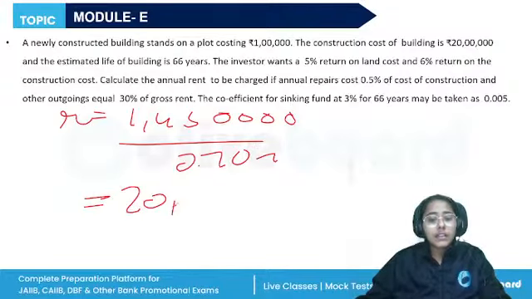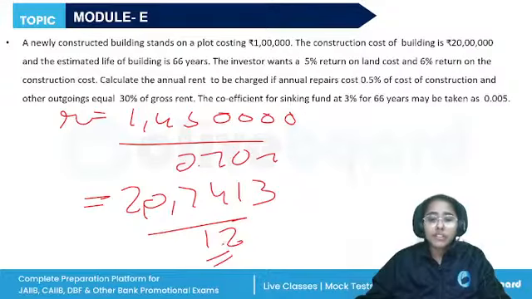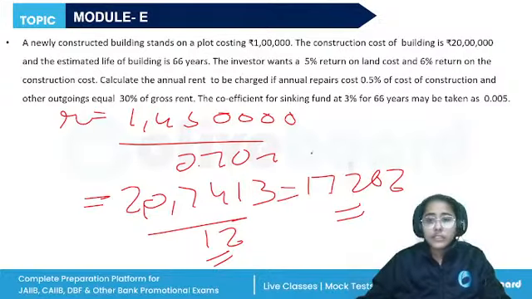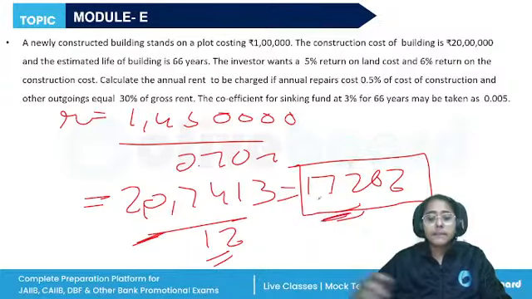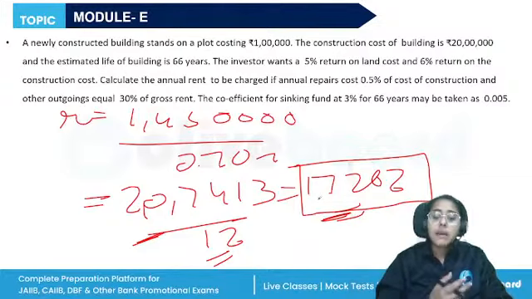So 2,07,143 divided by 12, approximately we will get rupees 17,262. So rent per month will be 17,262. Although this is a lengthy calculation, the calculations are very simple.